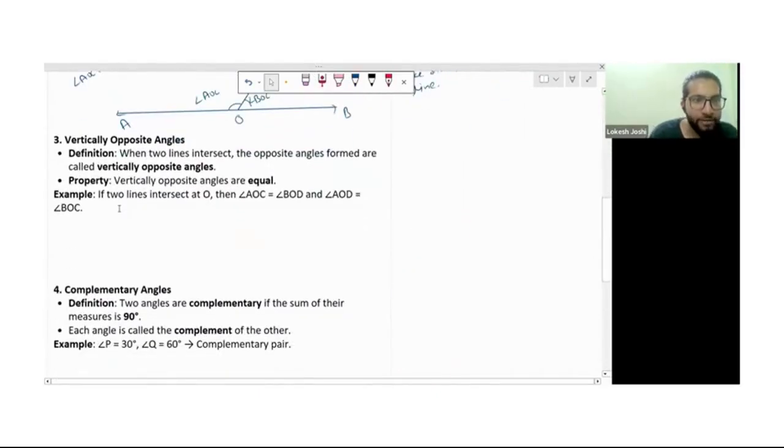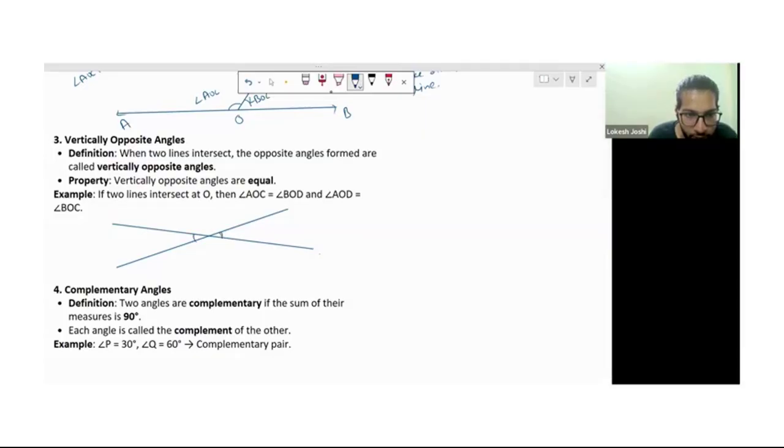Now the third one, which is vertically opposite angles. When two lines intersect, the opposite angles formed are called vertically opposite angles. Suppose I have two lines, the first one is this and the second one is this. If they intersect, then this pair of angles, this one and this one.